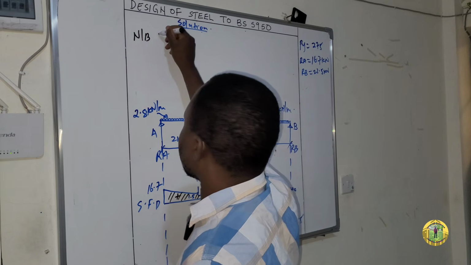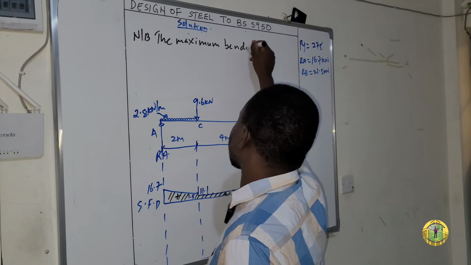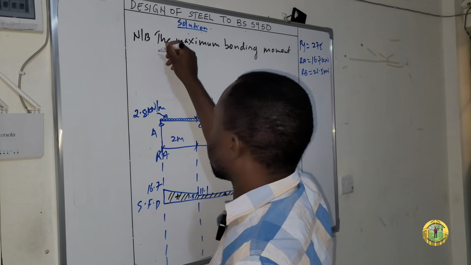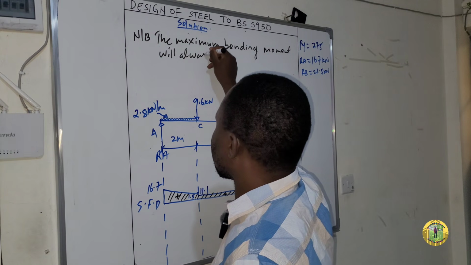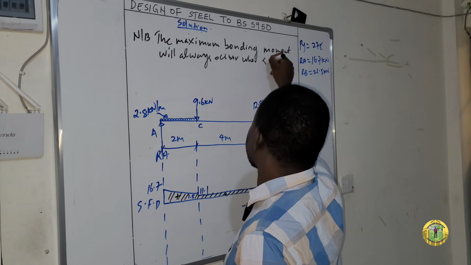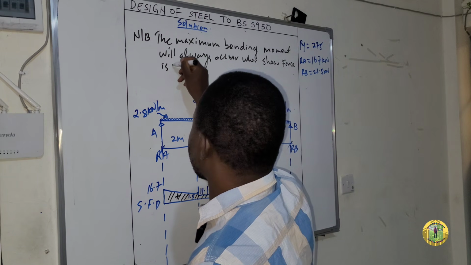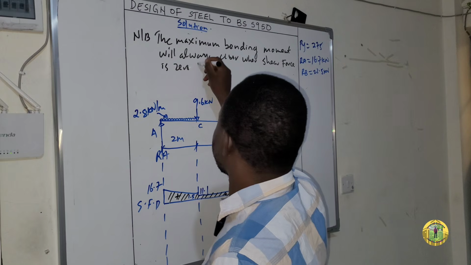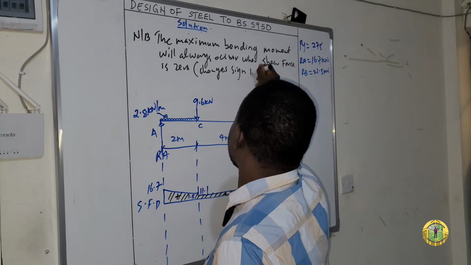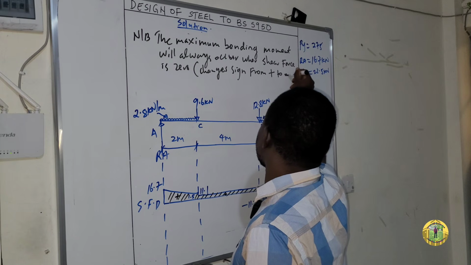The maximum bending moment will always occur where shear force is 0, or where the shear force changes sign from positive to negative, or vice versa.